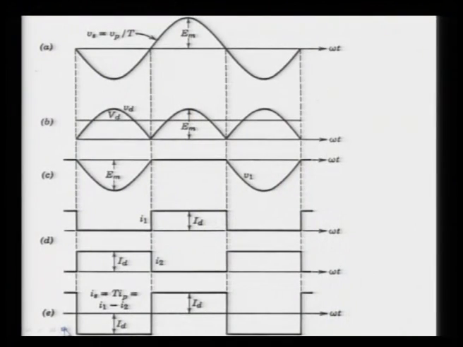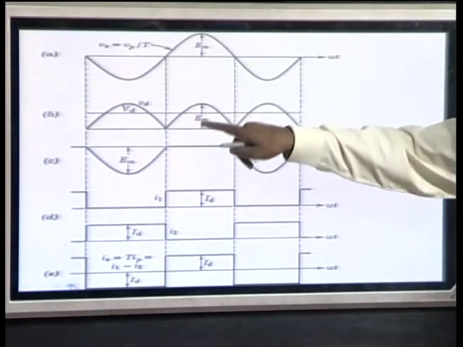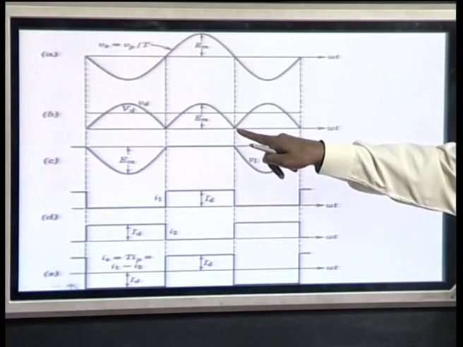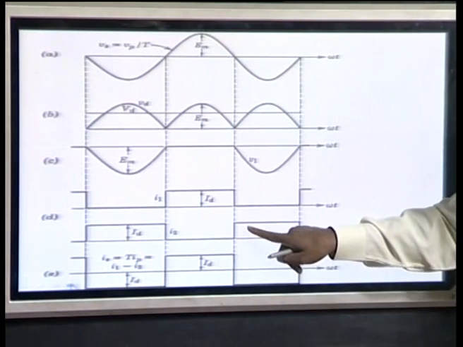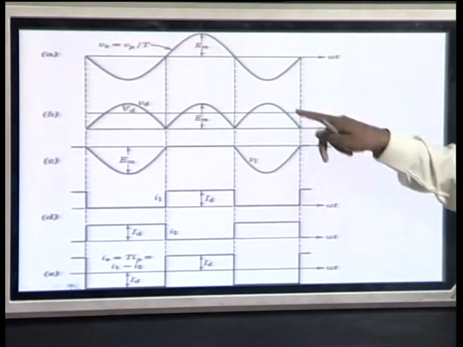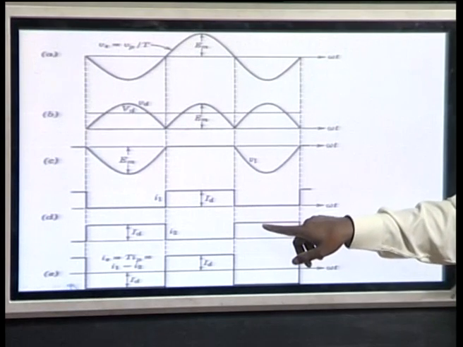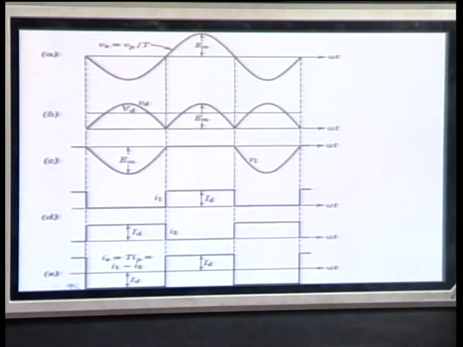Now, if you look at the current through the valves, valve 1 and valve 3 carry the same current: when valves 1 and 2 are conducting it is across 3 and 4 in the second half, meaning when 1 and 2 are off, valves 3 and 4 are conducting.